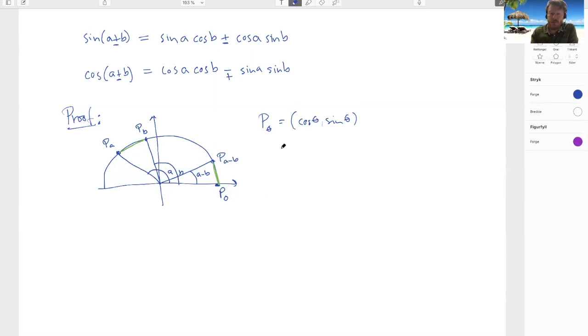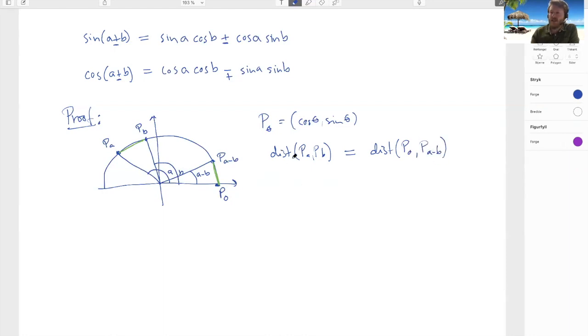So we just set up an equation equating these 2 distances, and then we simplify, simplify, simplify, and then we're done. So we need to know the distance between PA and PB. We need to know an expression for this, and we set it equal to the distance between P0 and P A minus B.